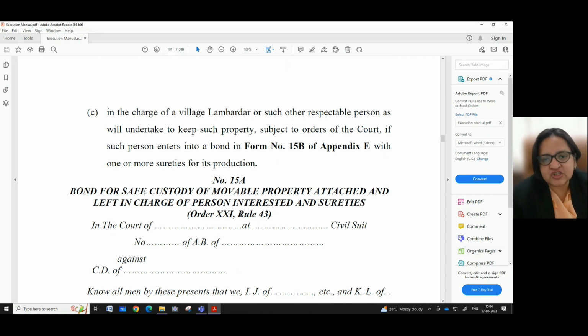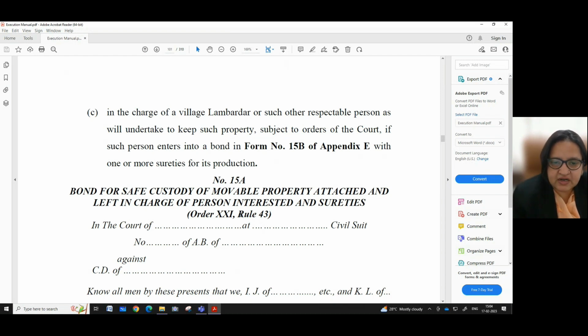Or in the charge of a village lambardar or such other respectable person as will undertake to keep such property subject to the orders of the court, if such person enters into a bond in form number 15B of Appendix E with one or more sureties for its production.